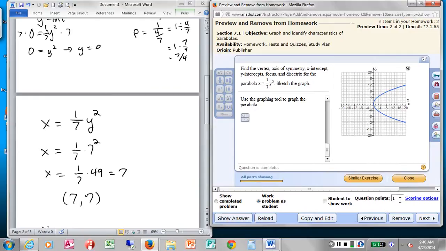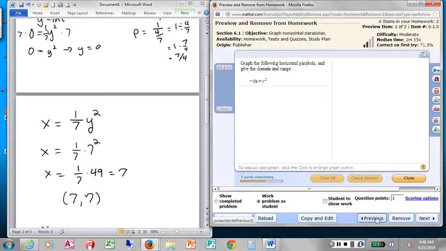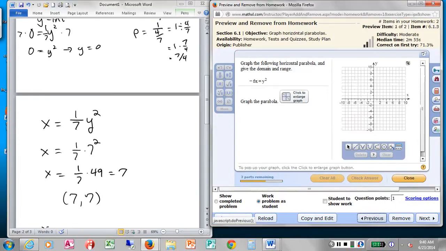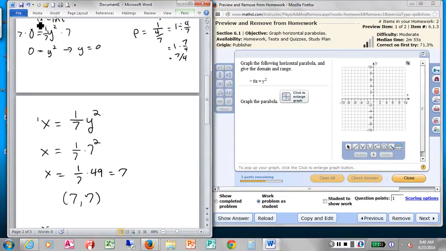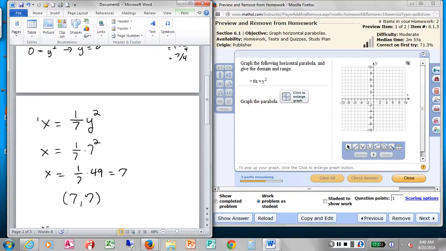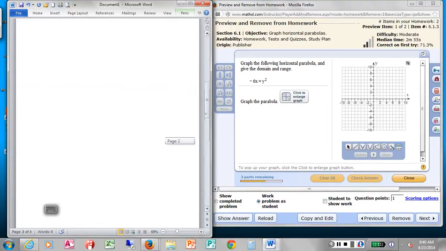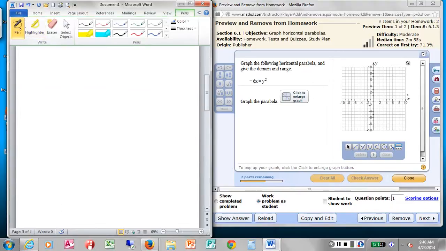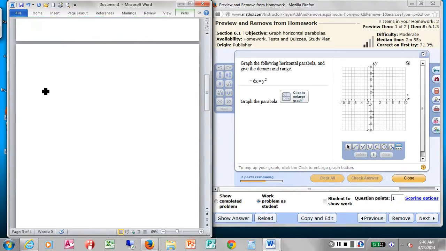Now, I want to show you another one here. On this second one, we've got negative 6x is equal to y squared. Let me get another page here. Negative 6x equals y squared. And we do want to graph that one here, first of all, it says.